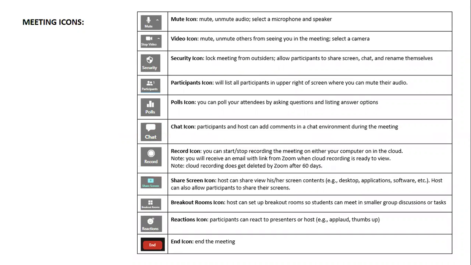It depends on what the host decides. But the participants and the host can add comments in a chat environment. And the host might let them do private chats with other people in the meeting, or they might just limit it to whoever's hosting the meeting so nobody else is chit-chatting during the meeting. All right, so that's really a great option as well.